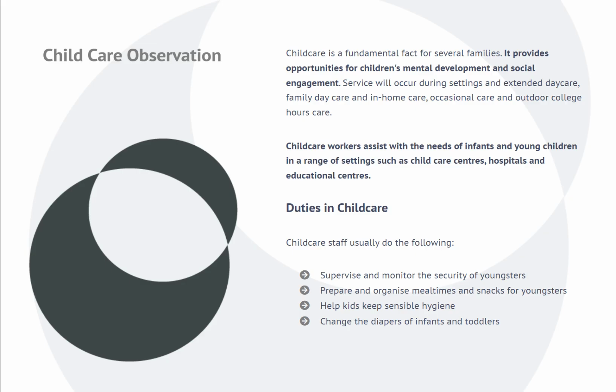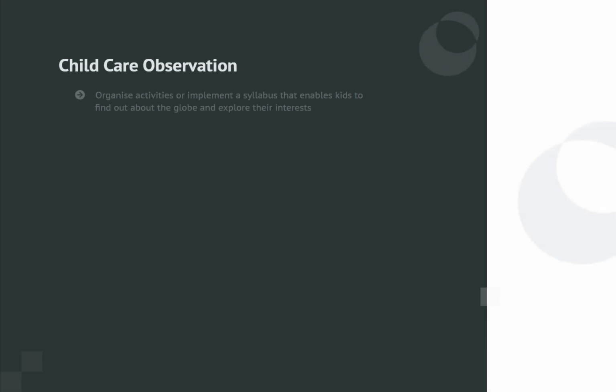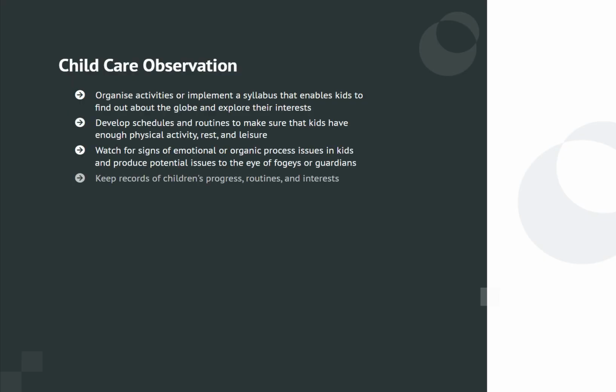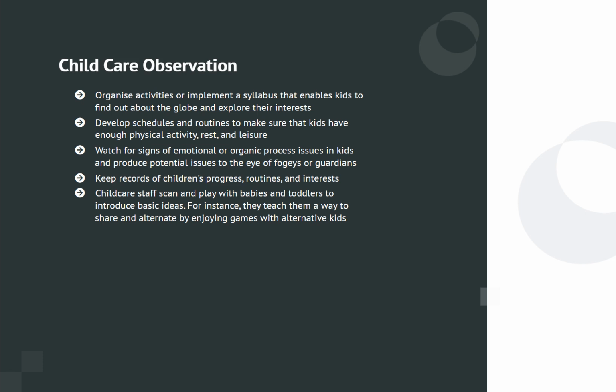Duties in childcare. Childcare staff usually do the following: supervise and monitor the safety of children, prepare and organize mealtimes and snacks for children, help kids keep good hygiene, change the diapers of infants and toddlers, organize activities or implement a syllabus that enables kids to learn about the world and explore their interests.